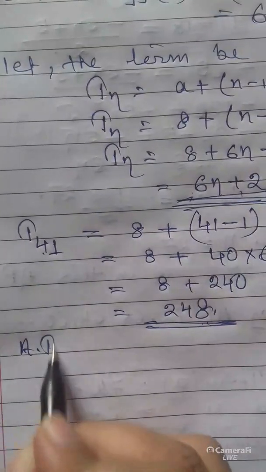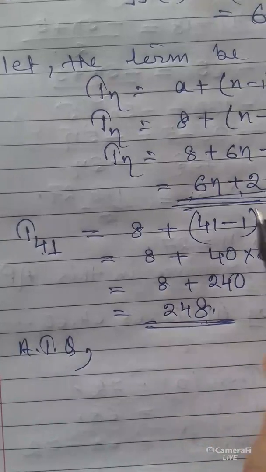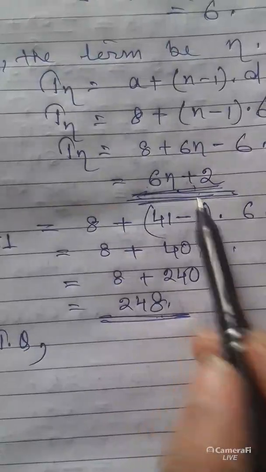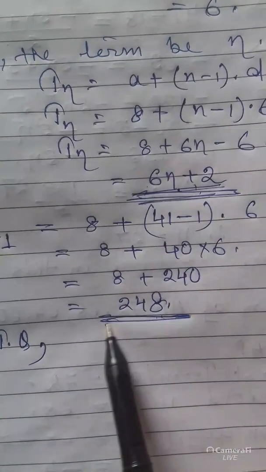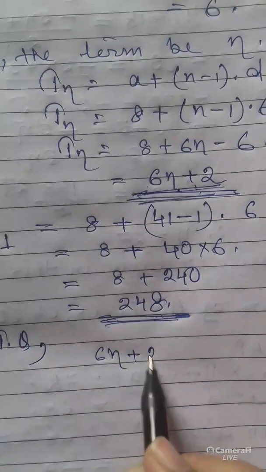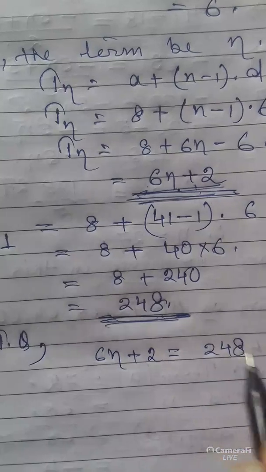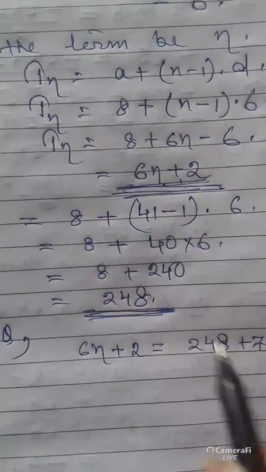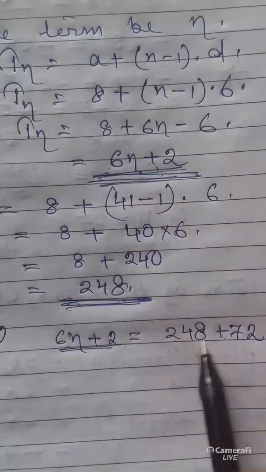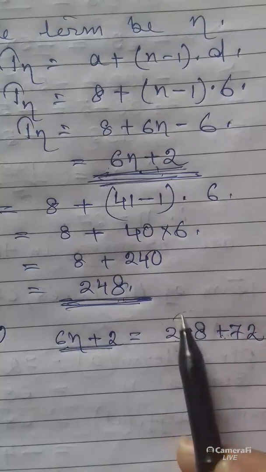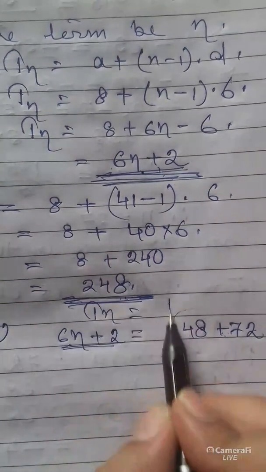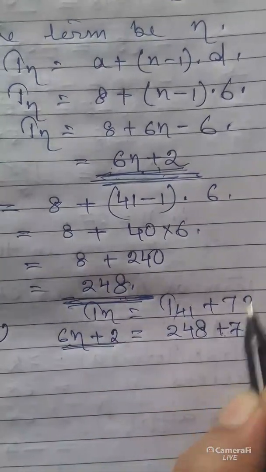Now according to the question, what is the condition? The nth term, nth term means 6n plus 2, will be 72 more than the 41st term. So we can write 6n plus 2 equal to 248 plus 72, because the condition is nth term will be 72 more. Tn equal to T41 plus 72.